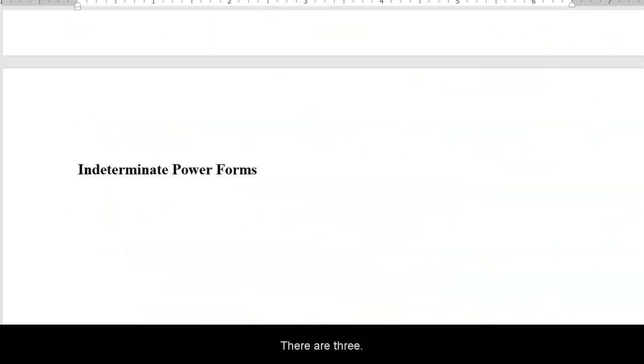There are 3 indeterminate forms that are powers. There are 2 basic forms, 0 over 0 and infinity over infinity, 2 arithmetic forms, 0 times infinity and infinity minus infinity, which represent colossal tug-of-wars, and 3 power forms.